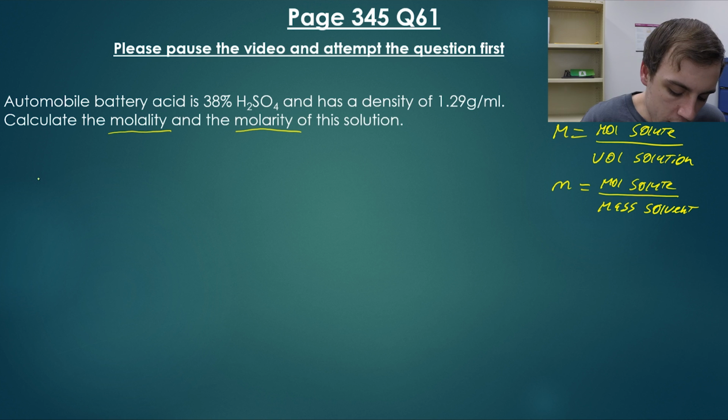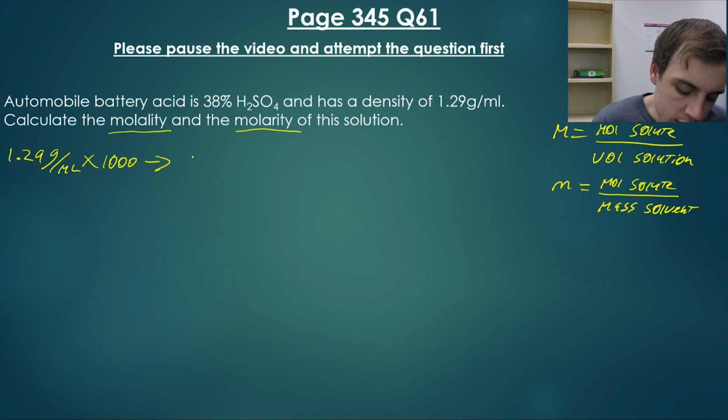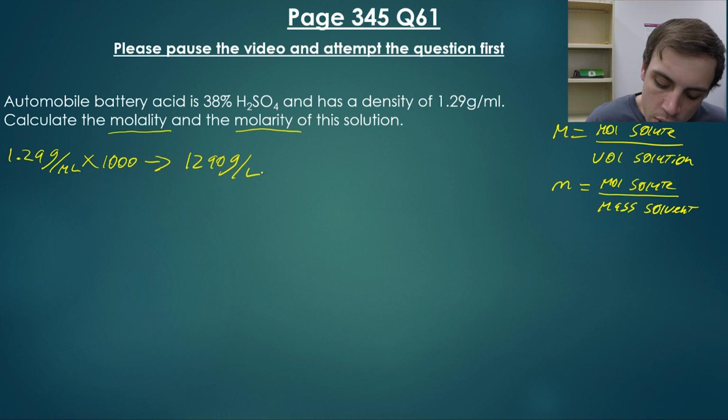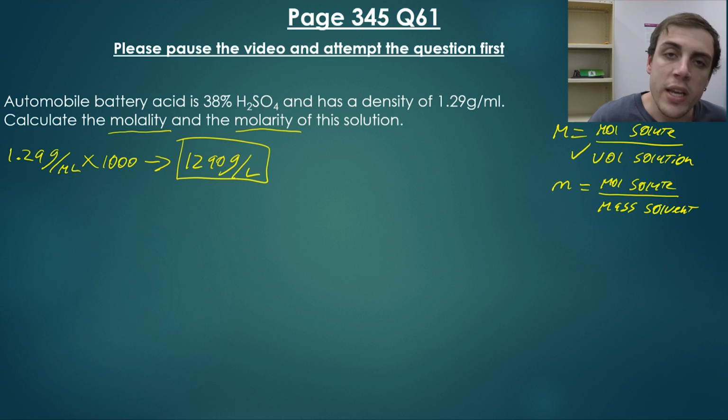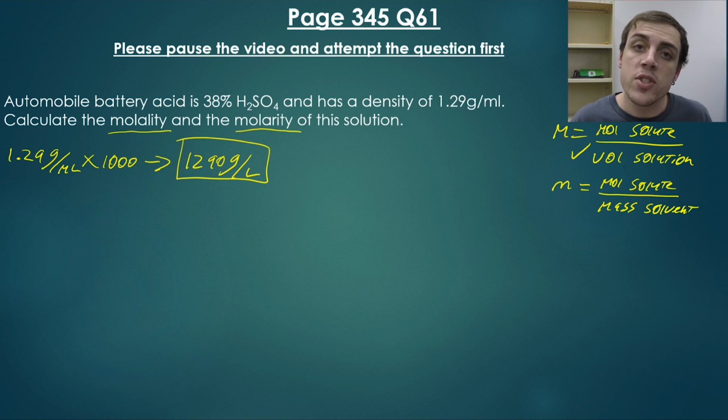So we go the density, which is 1.29 grams per mil, multiply that by 1,000, and that will give us 1,290 grams per liter. So we now know the volume of our solution because we know that we have 1 liter. That's what we've assumed.